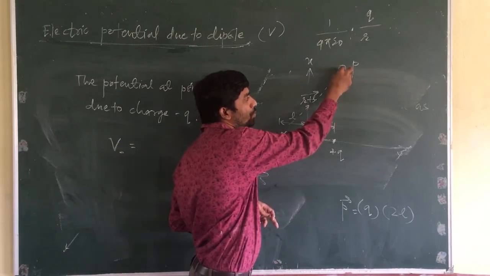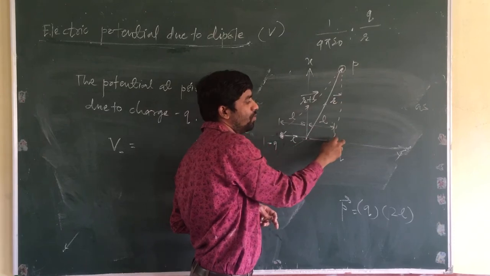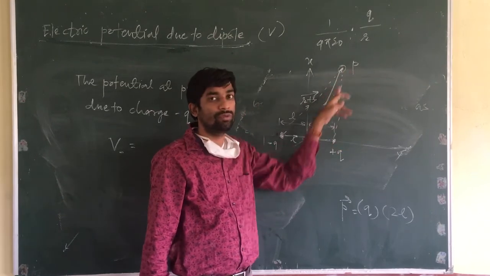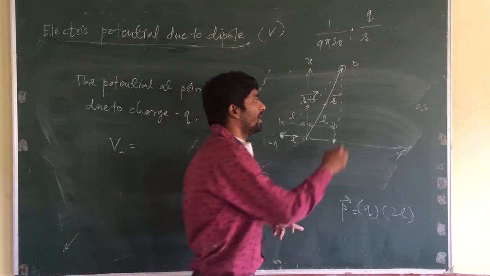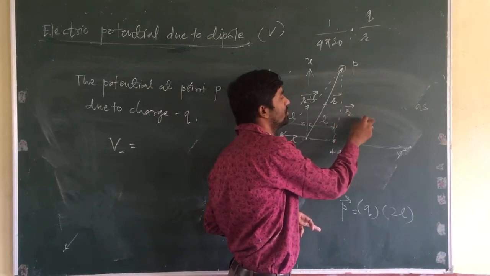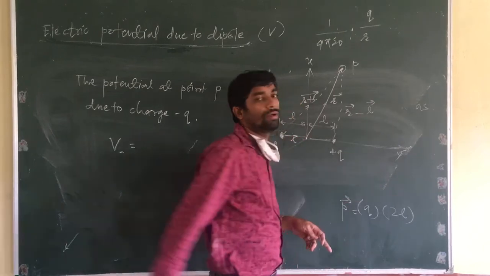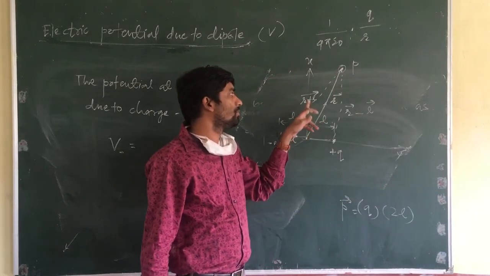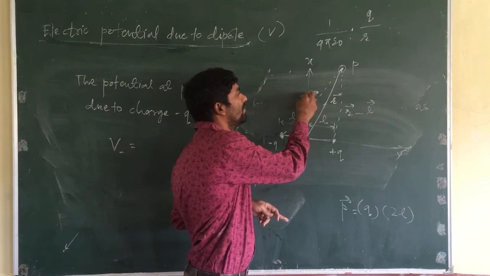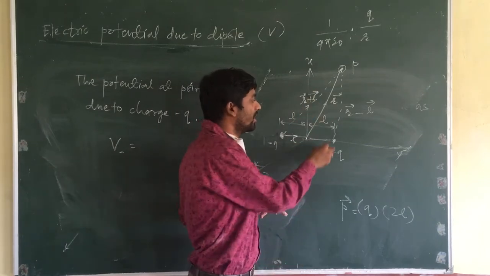And for the position vector of the positive charge, this is your r vector minus L vector.